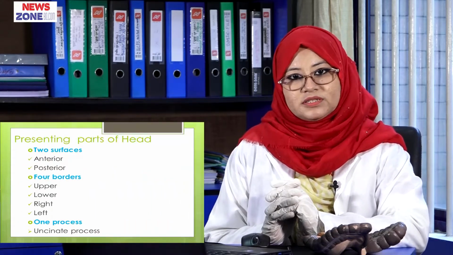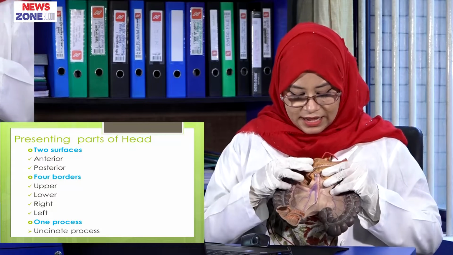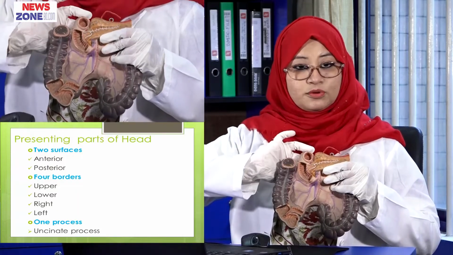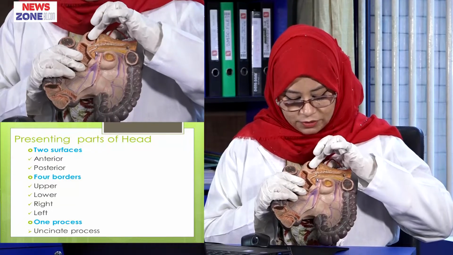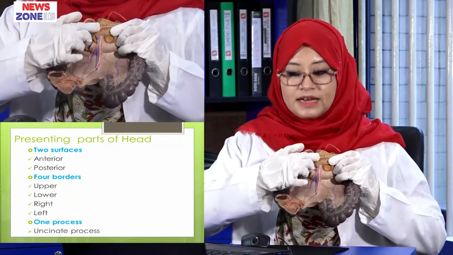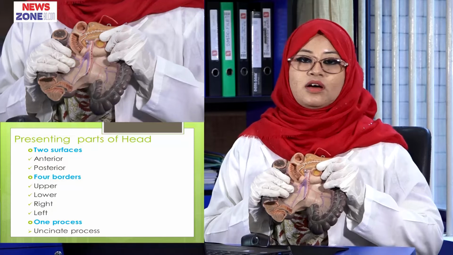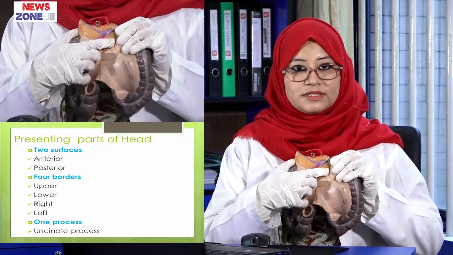Head of the pancreas presents 2 surfaces, anterior surface and posterior surface, 4 borders, upper border, lower border, right border and left border, and 1 process, that is uncinate process.